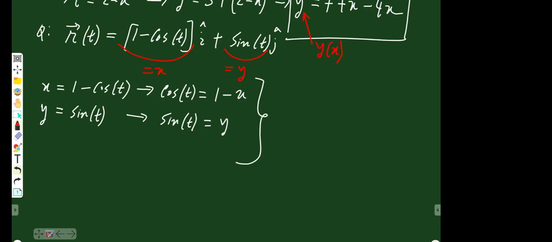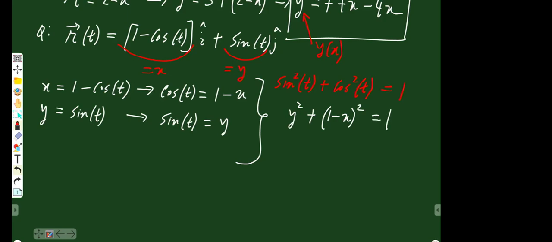So from here we use a known relation: sin squared t plus cos squared t is equal to 1. So y squared plus (1 minus x) squared is equal to 1.